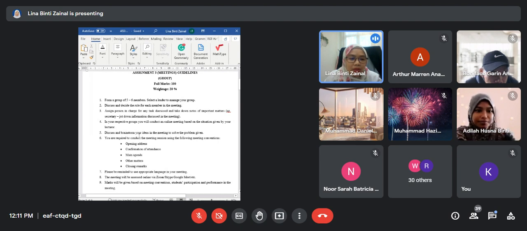In your respective groups, you will conduct an online meeting based on the situation given by your lecturer. Okay, discuss and brainstorm your idea in the meeting to solve the problem given, and you are required to conduct the meeting session using the following meeting conventions. So you have to have all of this during your meeting. First, you need to have an opening address and then confirmation of the attendance, main agenda, other matters and closing remarks.